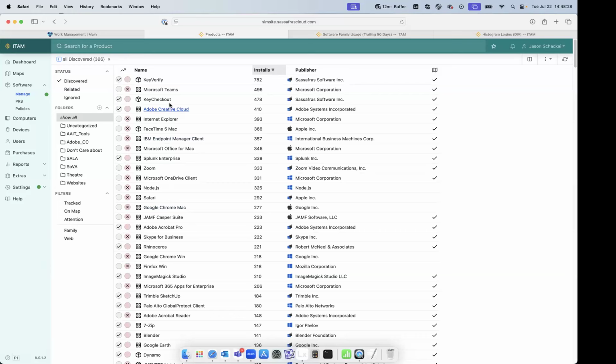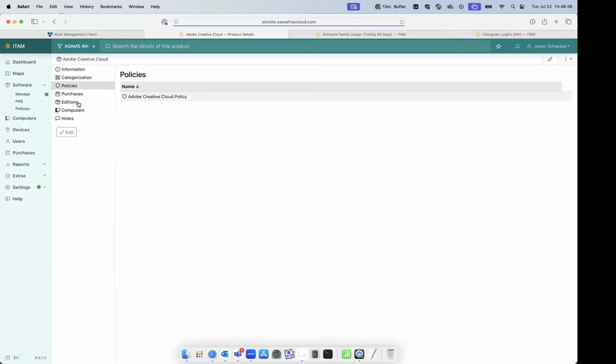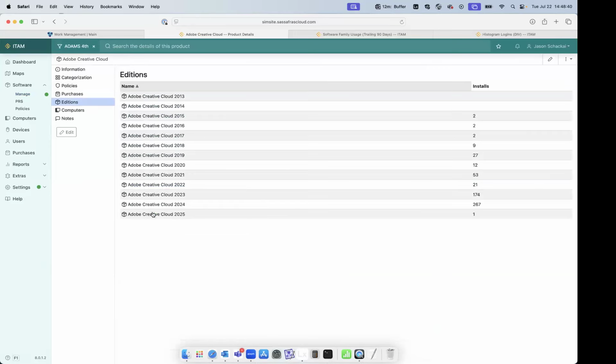So again, we're looking at, for the most part, what we call product families, where you don't see a version number. This isn't broken down by individual application, but I can click through and see exactly which editions are part of this product and how many copies of each edition there are. So if I'm trying to make sure that there aren't a bunch of old versions of software, then this is really helpful.